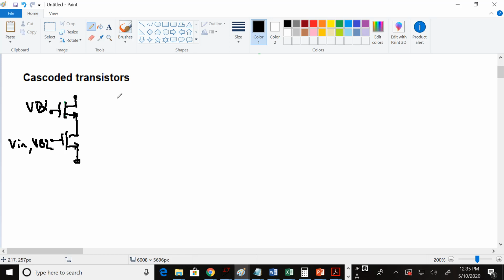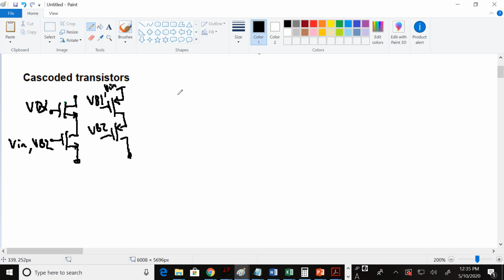Or if you were using this flipped, then you'd have the supply and then you'd have two PNPs. And this would be VB1 or V in. And this would always be a V bias. It's never going to be a moving signal.